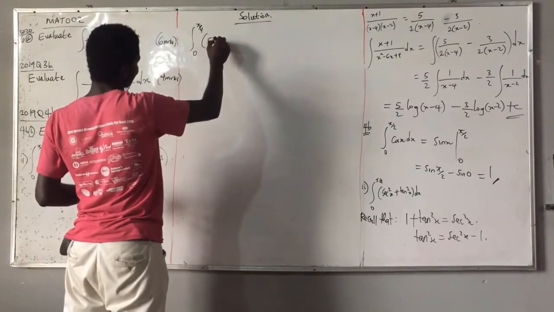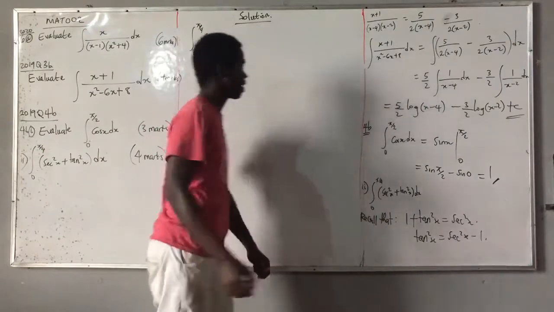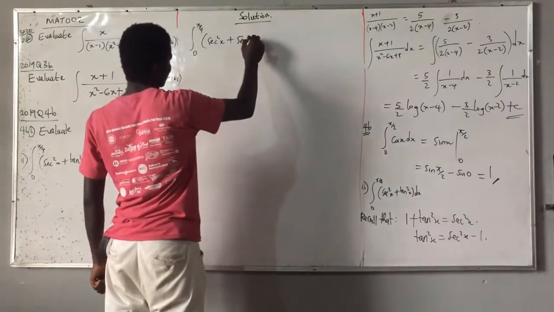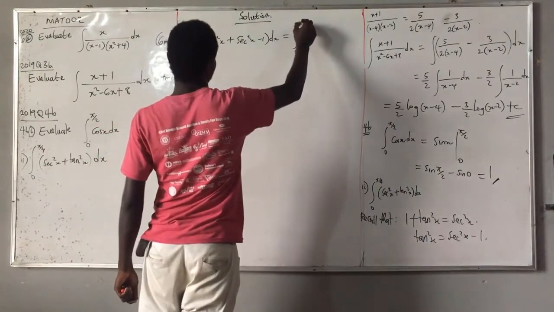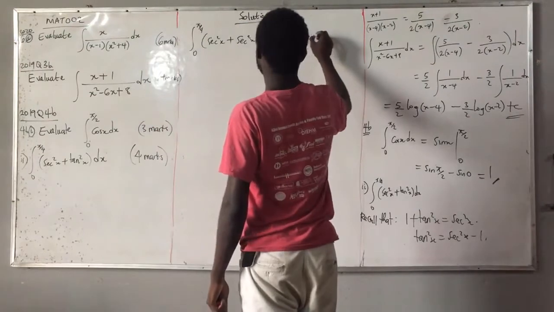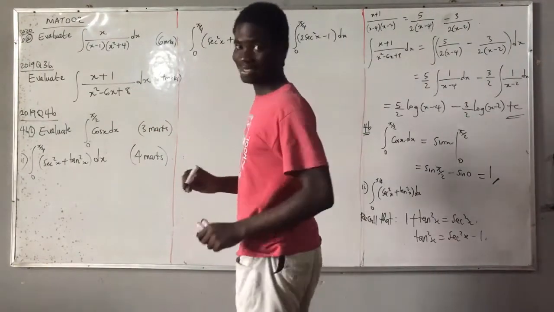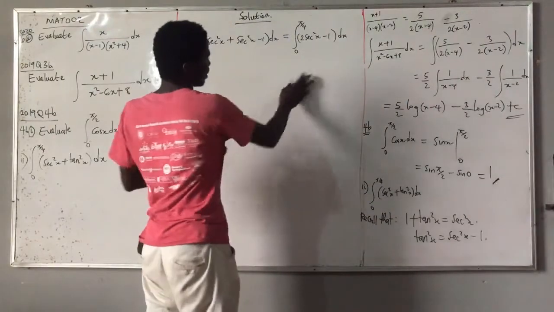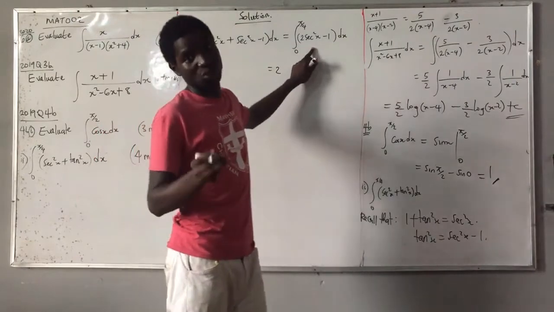I have sec square s plus, for tan square s, sec square s minus 1. Integral from 0 to pi over 4, sec square s plus sec square s is 2 sec square s minus 1 ds, right? So this is 2. If you integrate sec square s, it means what do you differentiate to get sec square s?